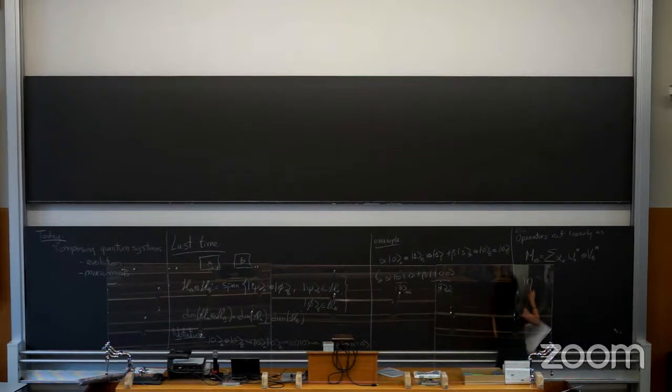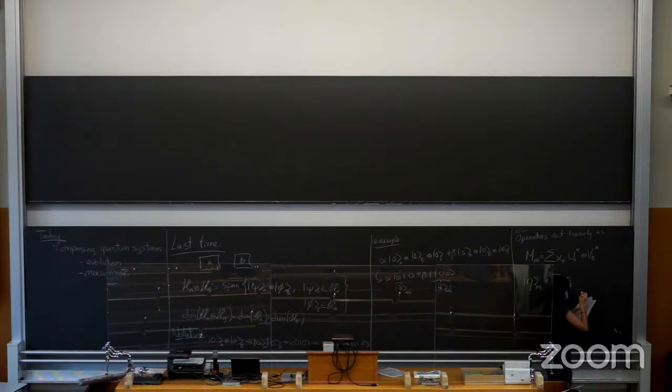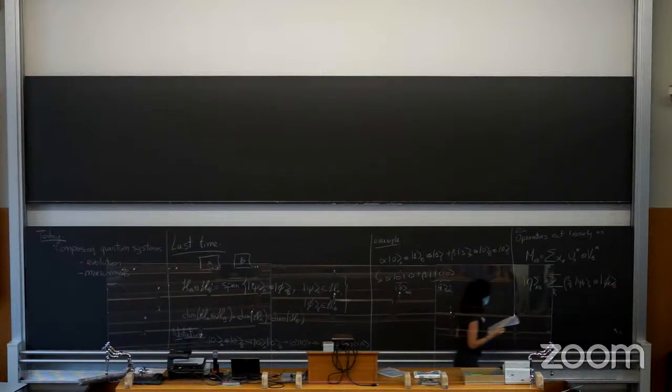Now suppose you have some state also on A and B, which is like we saw before, some linear combination of some coefficients times some state L on system A times some state L on system B. Then how does this matrix act?